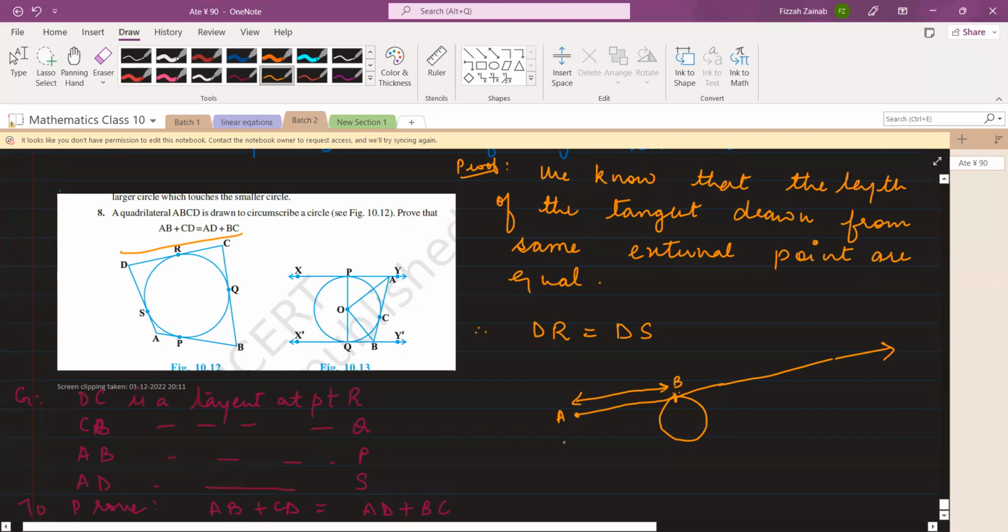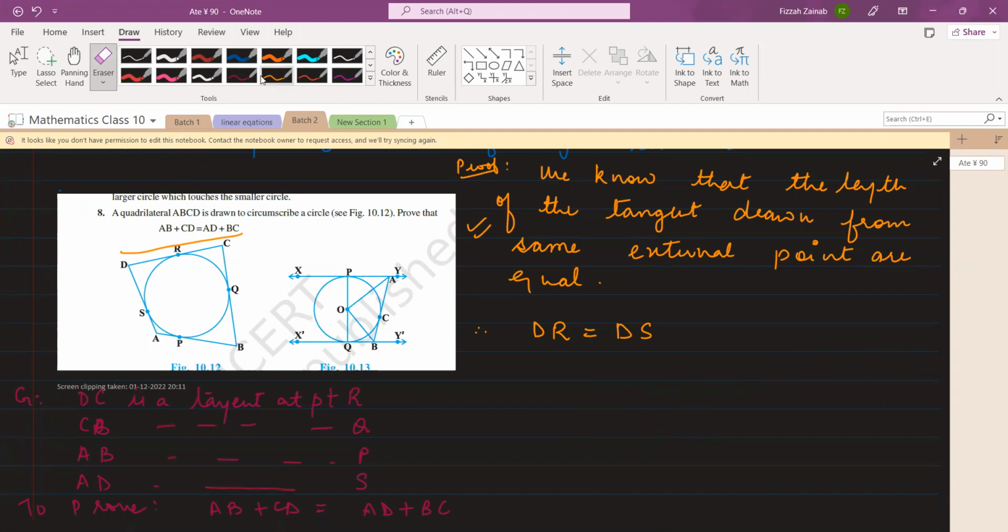Understand? So DC is a tangent, but we are only interested in length DR according to this theorem. So DR is the length from the external point to the point of contact of the tangent and the circle. All right, so DR is equal to DS.